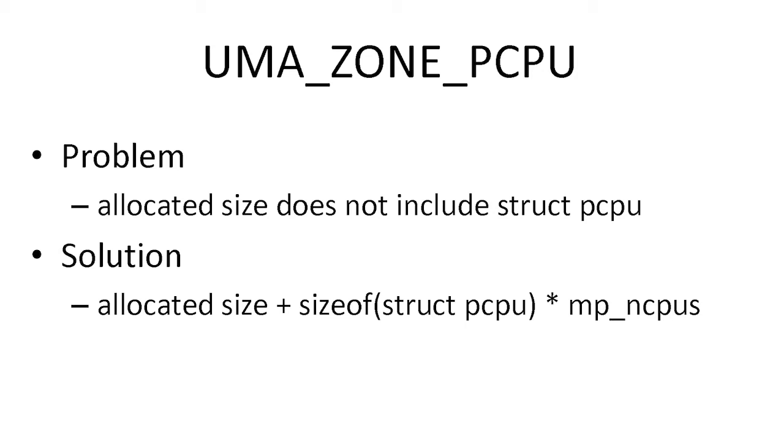If you don't use the correct size, you will run into a panic. You are happy you found the bug, which I thought so. But actually, when I read more into the code, I learned this is not really a bug. This is because for this kind of zone, you should calculate the size with additional size for the per-CPU structure.